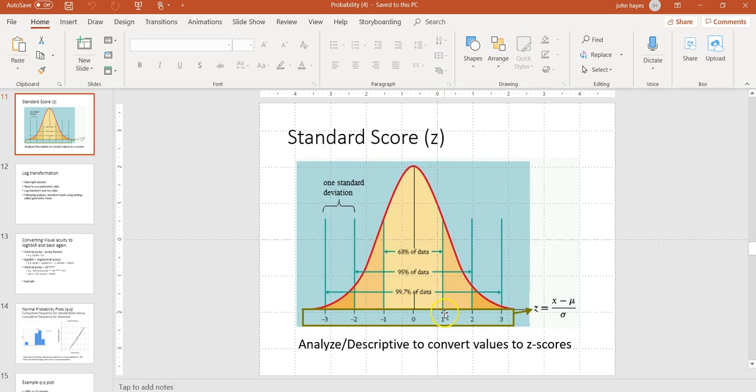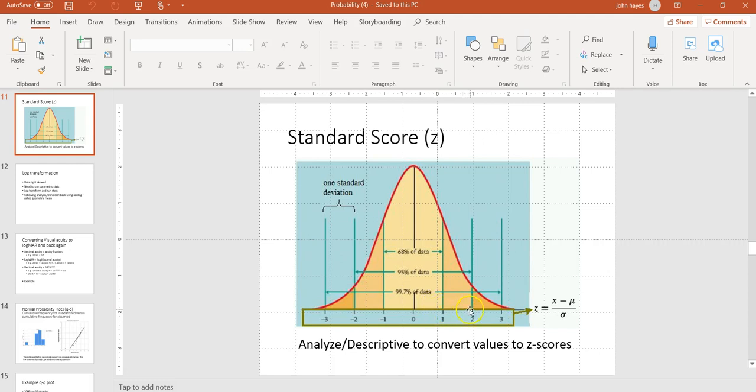At 68%, well, 1 minus 68 is 32%. So we would have 32% over here, and our z-score would be this value right here.